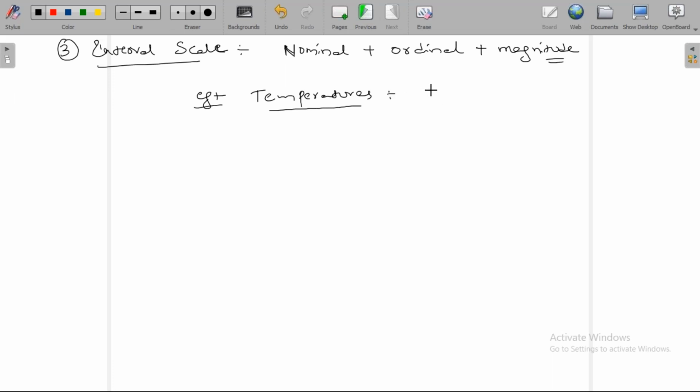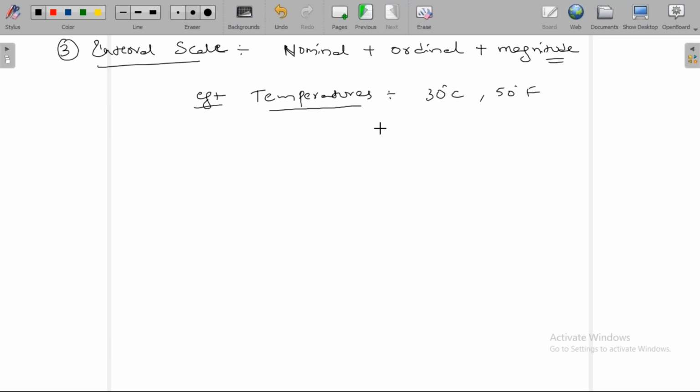Mathematical calculations mean 20 degrees is double of 10 degrees, something like that, as I told you. And it contains an arbitrary zero.